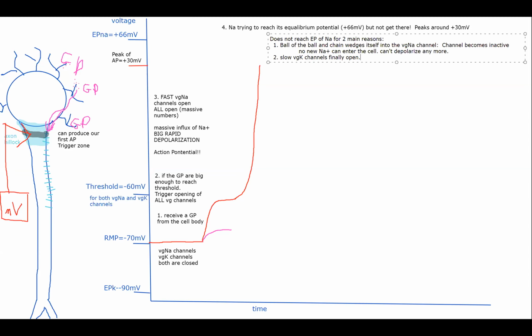Now that we finally open those voltage-gated potassium channels, and remember, there is a massive number of them, we get a massive efflux of potassium. Lots of potassium leaves the cell.